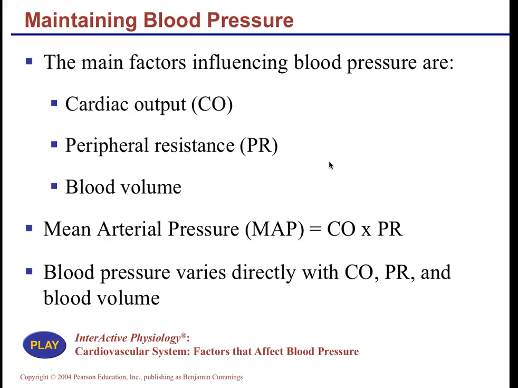What venous return affects specifically and directly is stroke volume, because stroke volume is the amount of blood pumped out of the heart, and that reflects how much blood is returned to the heart. So veins return blood to the heart, and therefore how much gets returned by veins is going to be reflected by how much is pumped out.